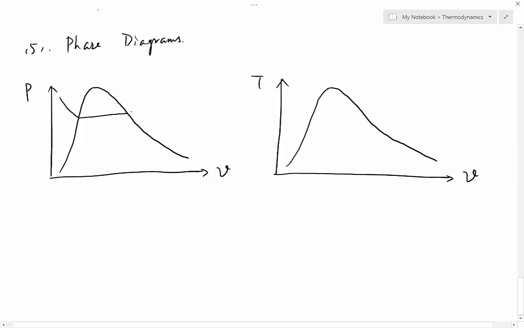And then you curve down again. This is called a constant temperature line, meaning every point on this line has the same temperature, and you can have many such temperature lines.